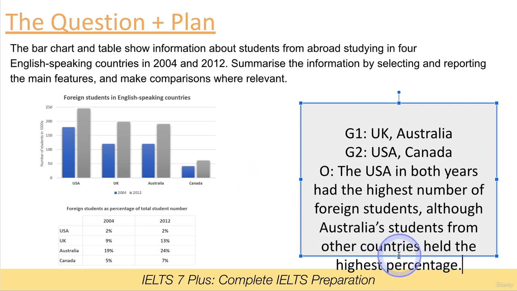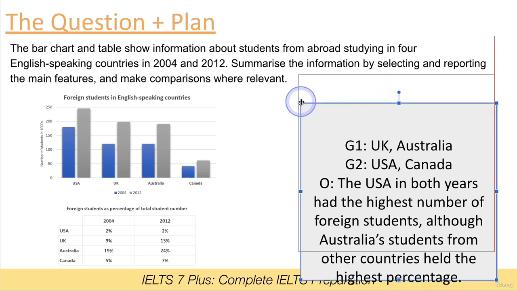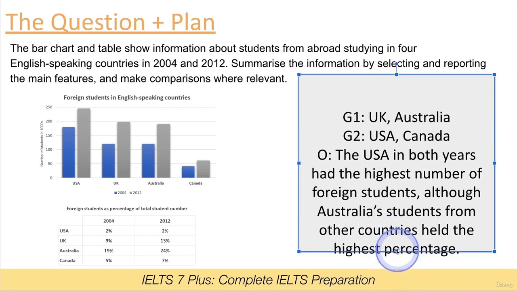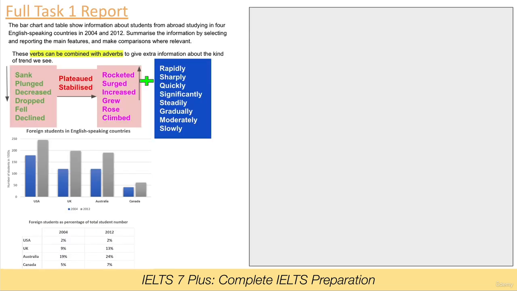So the USA had the most numbers, but percentage wise, that belonged to Australia. Okay, so we've got our two groups. Now we can go into our write-up.